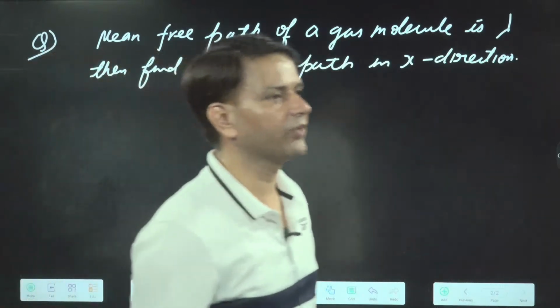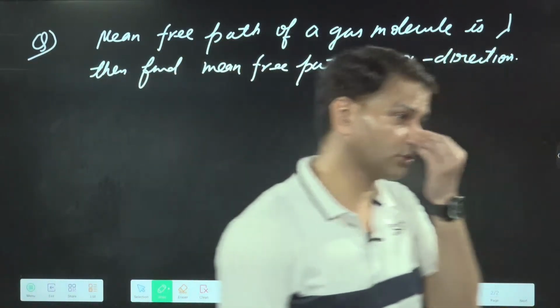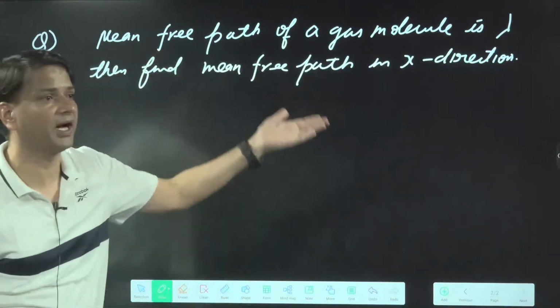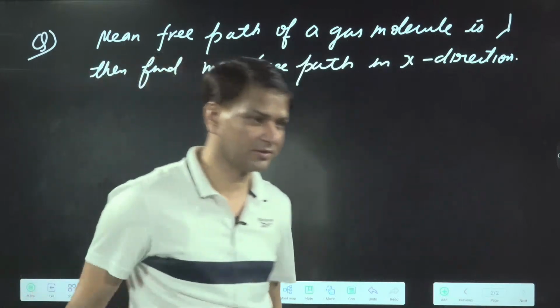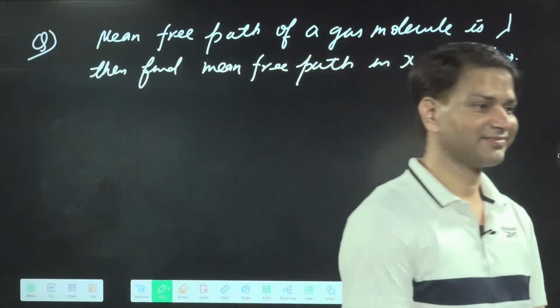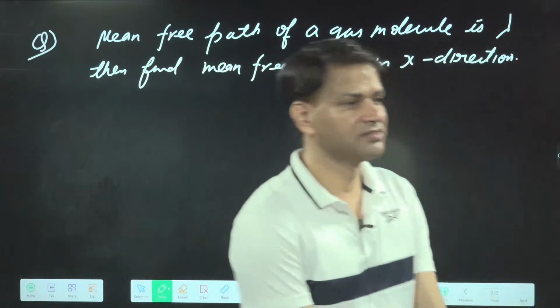Suppose I have given the mean free path of the gas molecule is lambda. Particularly I am asking, what is the mean free path in the x direction? Lambda by 3. Immediately I got the answer. Good. Lambda by 3.